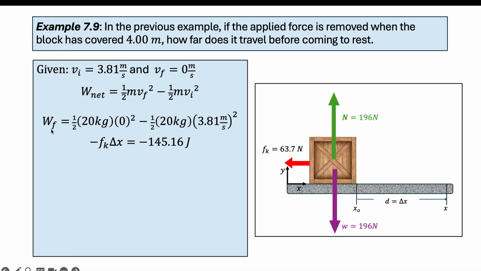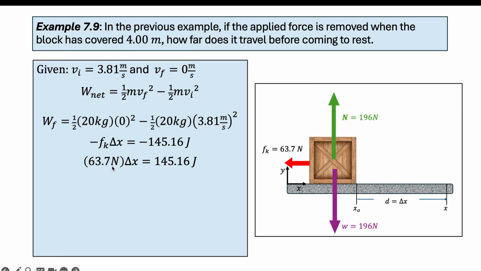Now we know that the work done by friction is just minus the frictional force times the displacement, where this minus sign comes out because of the cosine of 180 degrees; for friction, the work is always going to be negative. So basically the work done by friction is always minus the frictional force times the displacement. And that has to equal the value we get from 1/2 the mass times the speed squared, which is negative 145.16 joules.